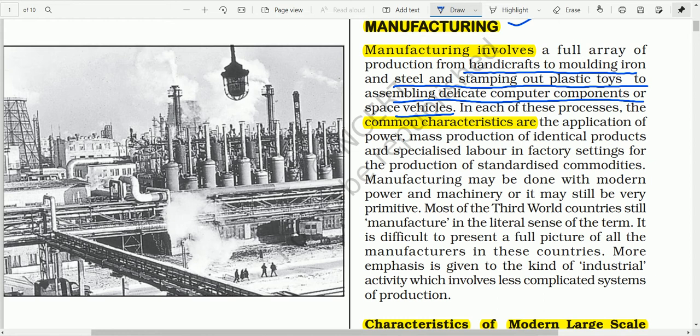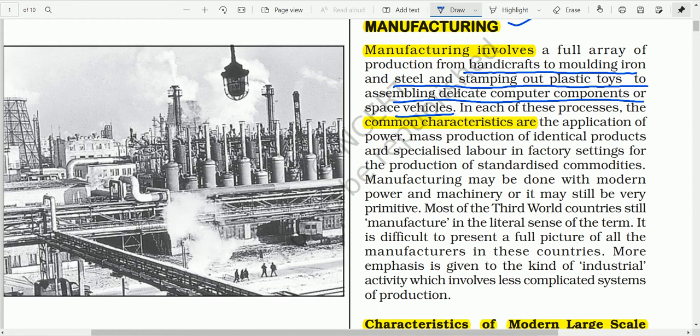It ranges from making toys and handicrafts to big machinery, including space vehicles and computer components, everything.